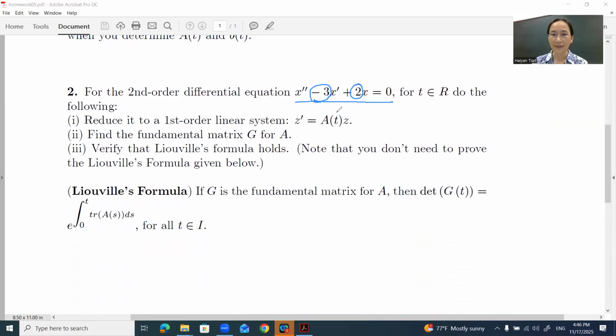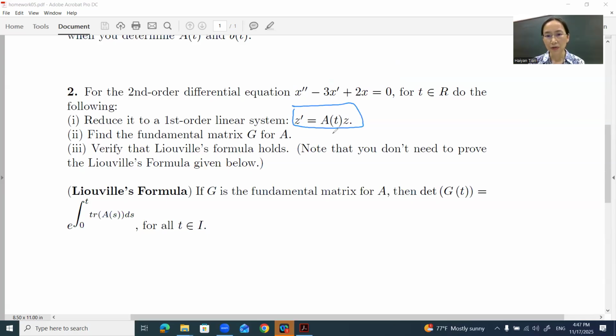That means we have constant coefficients for this second order equation. And it's homogeneous because the right-hand side is 0. So can you reduce it to a linear system of two equations? Yeah, so reduce it to first order.